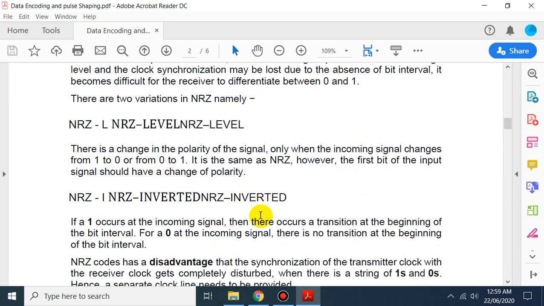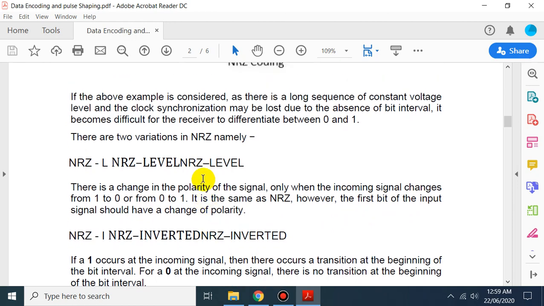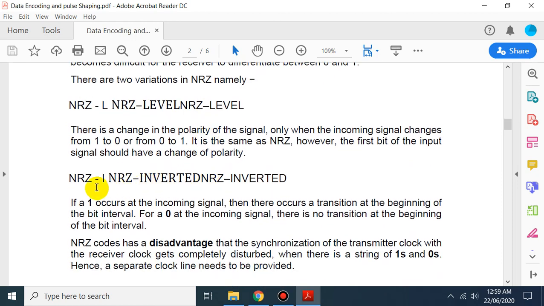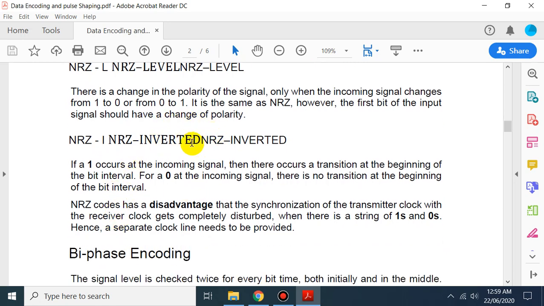Now there is another type as far as non-return to zero coding is concerned, that is called non-return to zero inverted, or NRZ-I. If a 1 occurs as the incoming signal, then there occurs a transition at the beginning of the bit interval.